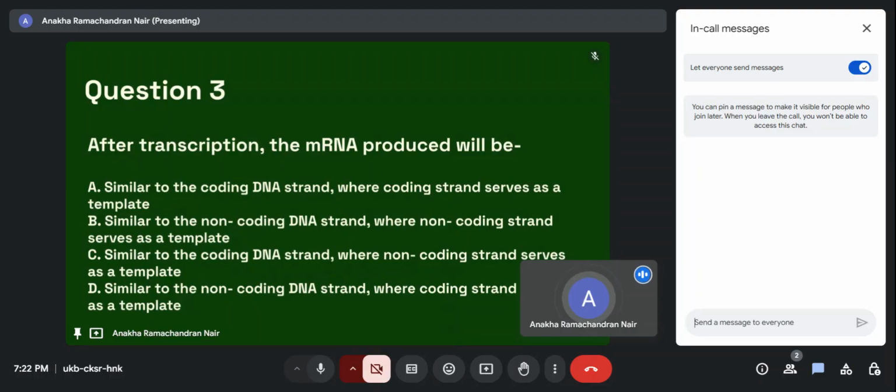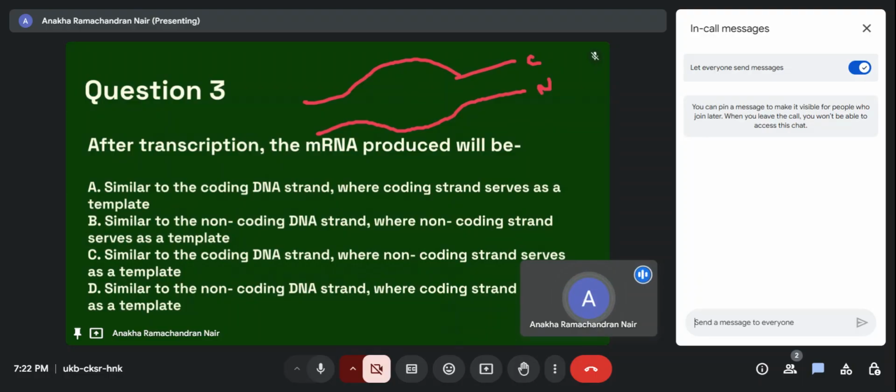So for answering this question, there is a few things you need to know. What is a coding strand and what is a non-coding strand, right? So if this is your DNA molecule, one of them is the coding strand and one of them is the non-coding strand, right? So the non-coding strand here is the strand against which the mRNA will be formed. So imagine this is when the mRNA is being formed, right? And this is the coding strand and this is the non-coding strand.